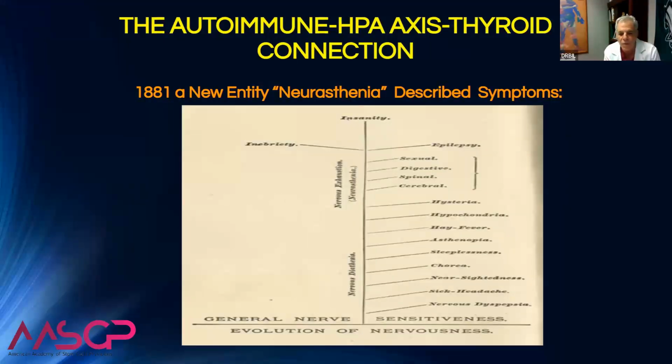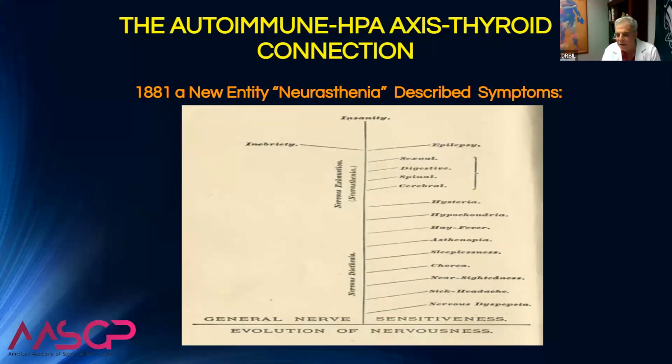Historically, it was written about originally in 1881 by a doctor in New York City named George Miller, and he termed what we now call adrenal fatigue neurasthenia, and he described it perfectly. He went from a nervous dyspepsia, a sick headache, chorea, which is shaking, sleeplessness, hypochondria, hysteria, all the way up to epilepsy and insanity.